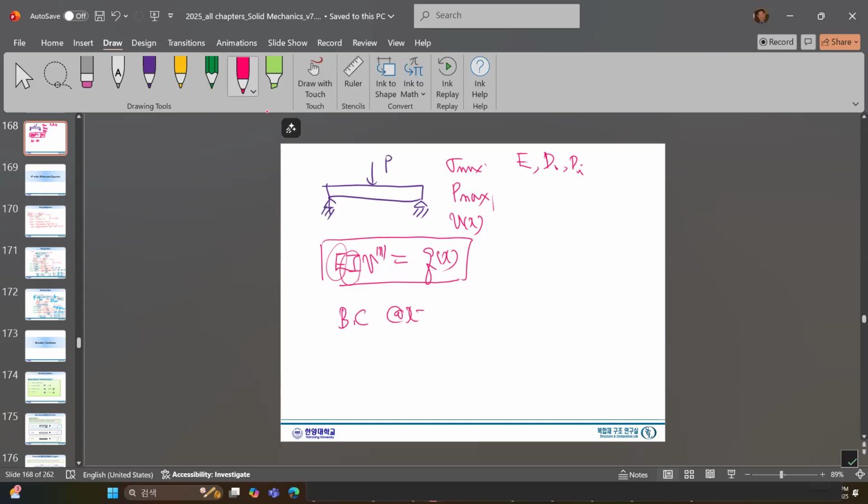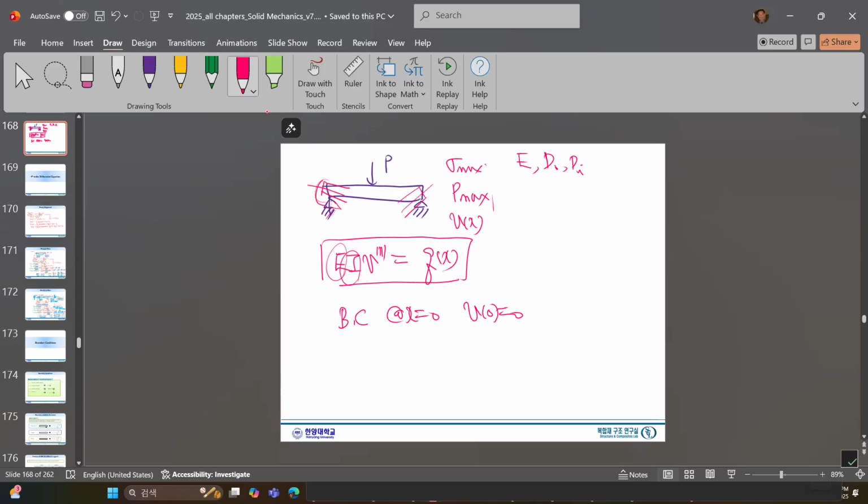At x equals zero, it is a simple support, just supported by your finger. What does it support? At x equals zero, v equals zero. That is known. Also, here we don't apply any moment. There may be some deflection slope, we don't know.